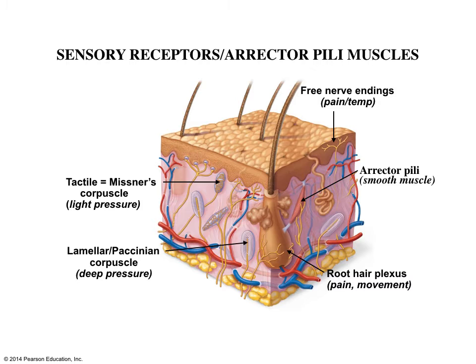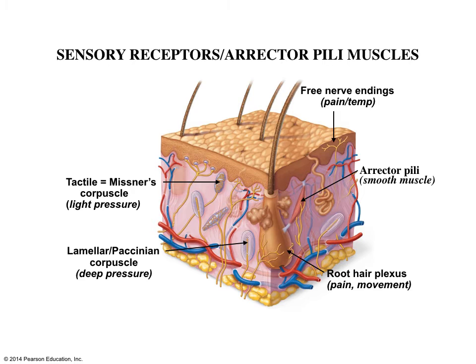The skin also has various receptors for sensory incoming information. There are free nerve endings for pain, temperature. There are also receptors for light pressure. These are tactile or Meissner's corpuscles.